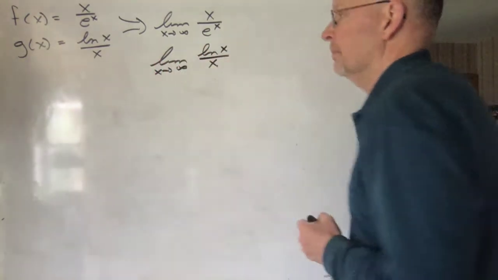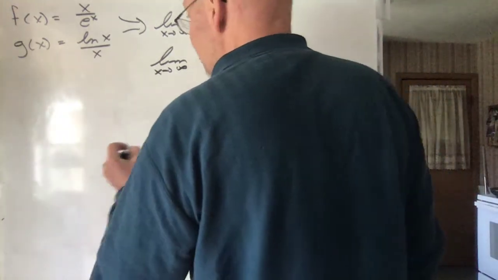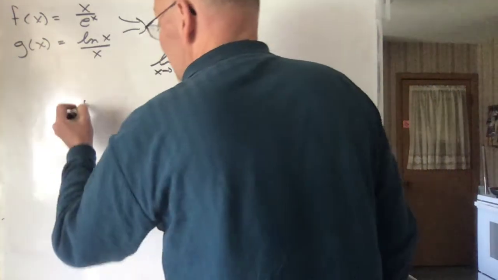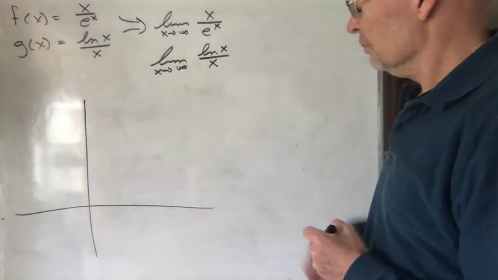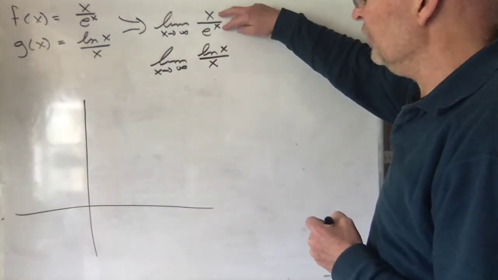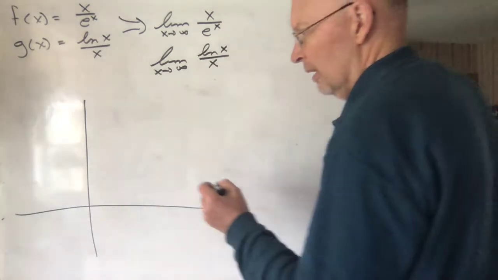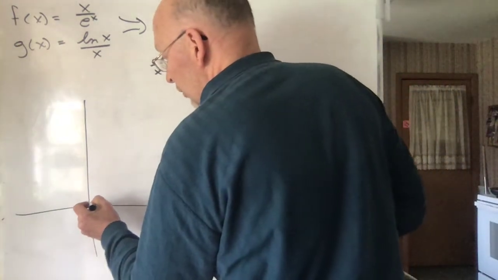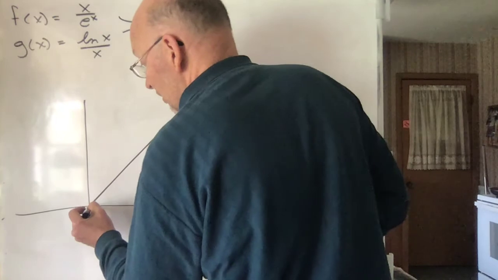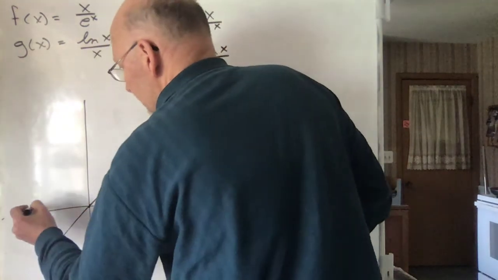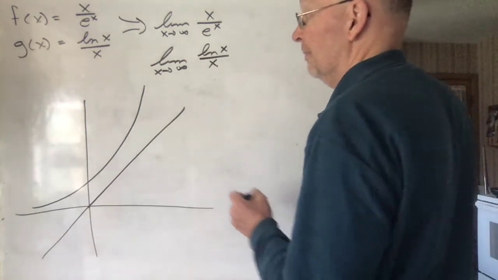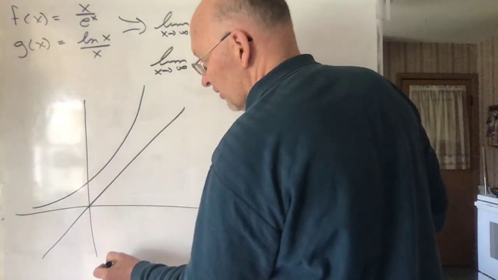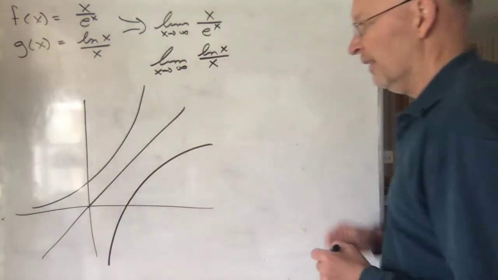What happens? If we were to graph them, we could graph each one of these things separately, and of course we notice that y equals x looks like this. E to the x looks like that, and ln of x looks like that.